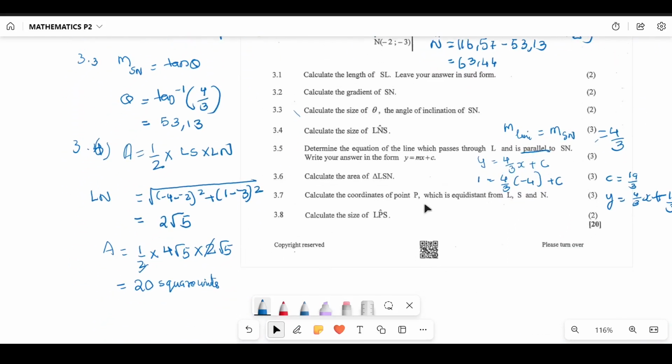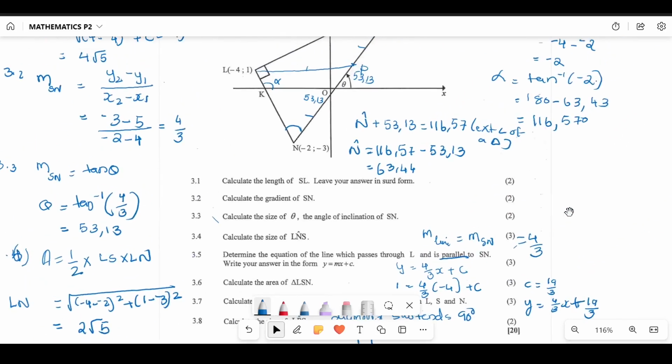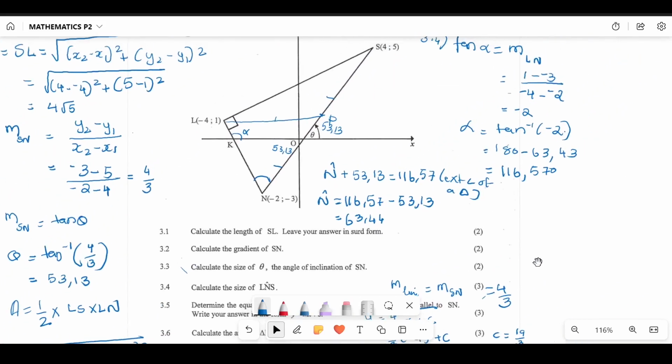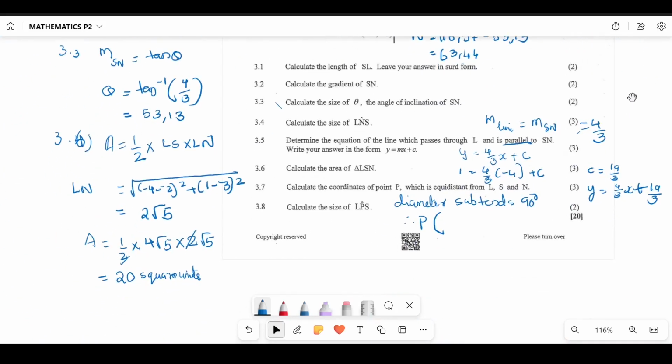So for 3.7 you can write: the diameter subtends 90 degrees, therefore P is the midpoint of the two points N and S. S is 4, 5 and N is negative 2, negative 3.